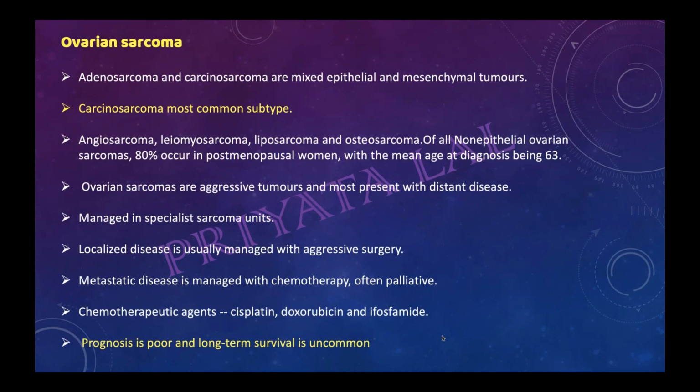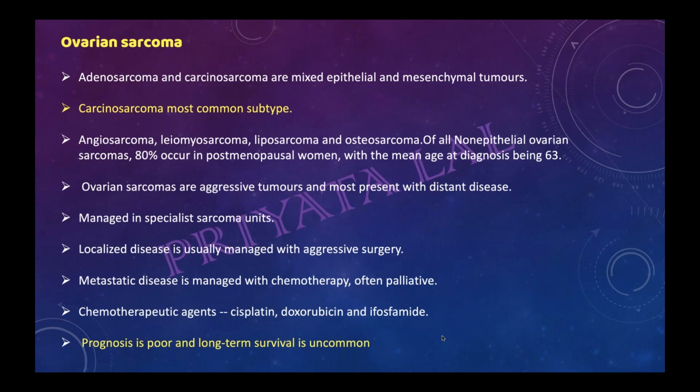Again, they have added in this talk the ovarian sarcoma. So a few lines you have to know from here. That much will be enough for your answering. Usually adenosarcoma and carcinosarcoma, these are mixed epithelial and mesenchymal tumors.